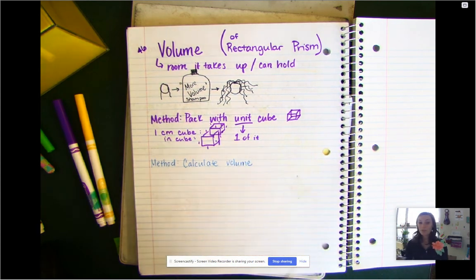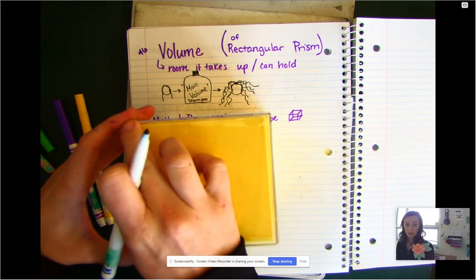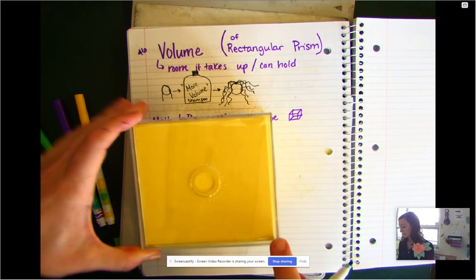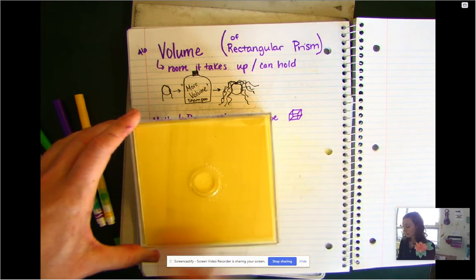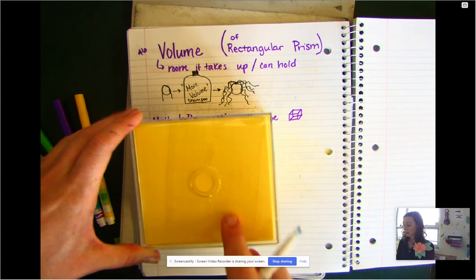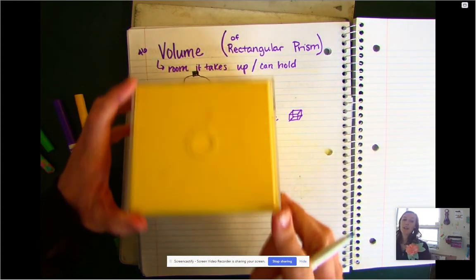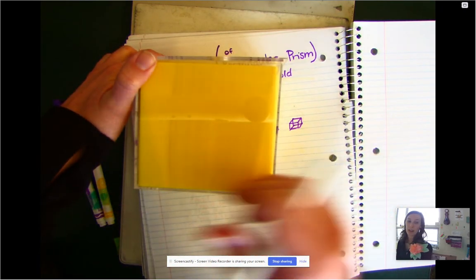So if you imagine for a second, maybe thinking of it like a net, if you looked at this square and you had unit cubes, you would say, all right, I know that I could get, let's say, 6 across and 6 across. So 6 times 6 would mean I could set 36 squares on this. But now I need to know how many layers of 36 cubes I could have.